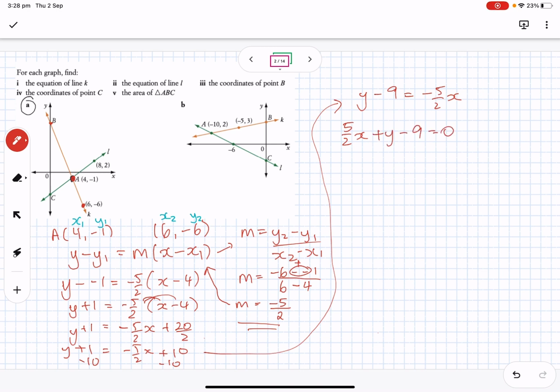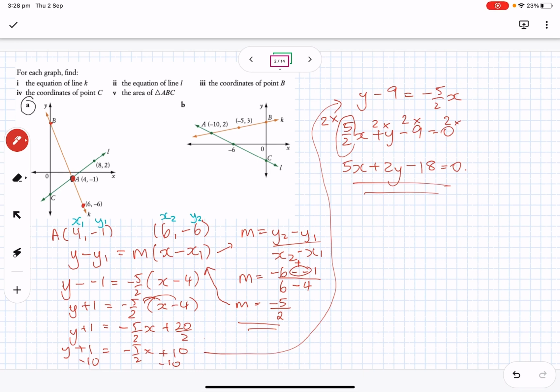And now to put it into standard form, we don't really want this fraction here. So we're going to times every term by 2. And so that we can get 5x plus 2y minus 18 equals 0. Okay, and this is our final answer here.